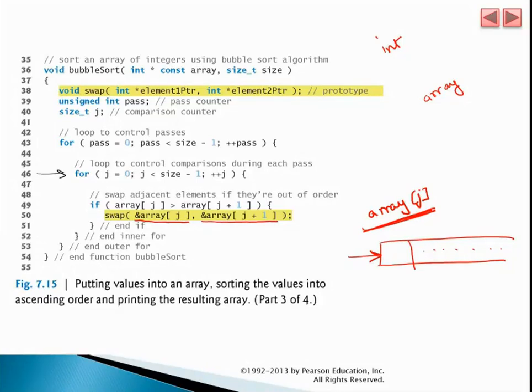Even if you have a simple variable, as somebody asked in the previous slide, even if you want to pass a simple variable, suppose int x = 5, and now you are calling some function, say the square function, you have to pass &x.